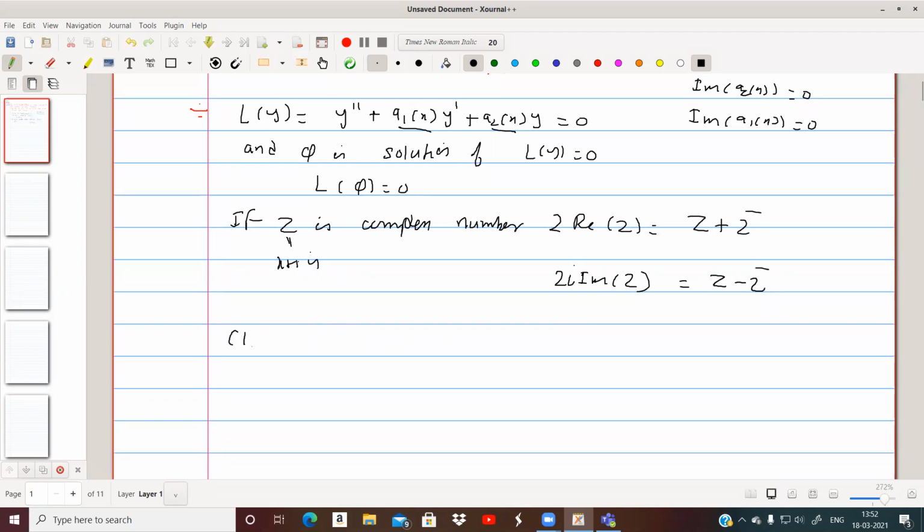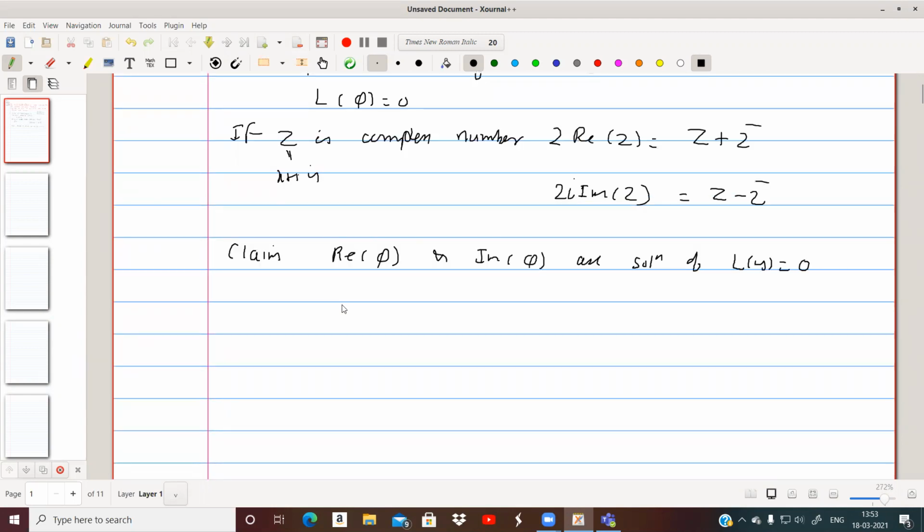Here we want to show that the real part of phi and the imaginary part of phi are solutions, if phi is a solution, of L(y) = 0, whose variable coefficients are real valued. So your target is that L of the real part of phi has to be 0, and L of the imaginary part of phi has to be 0. We are not going to differentiate, we are using these things.